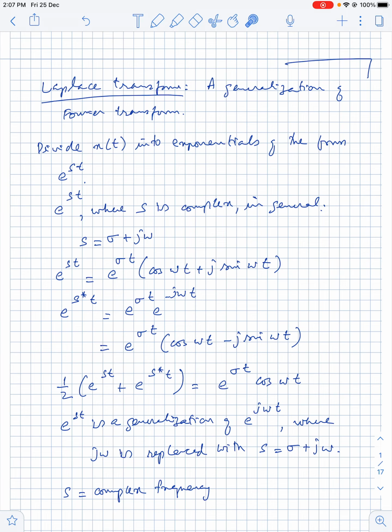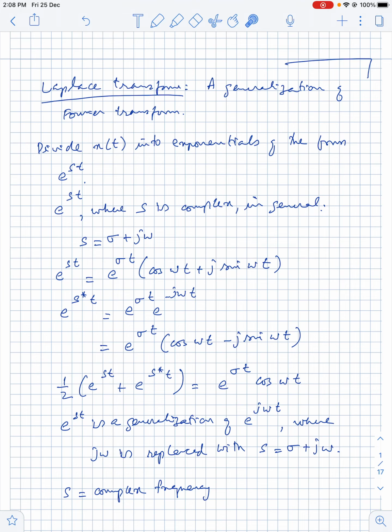If in place of s you had only j omega, then you would have got only cos omega t. But now since s also has a sigma, that sigma is accommodated here, which is an exponential term coming in front of this sinusoid. So you can think of e raised to st as a sinusoid multiplied by an exponential signal.